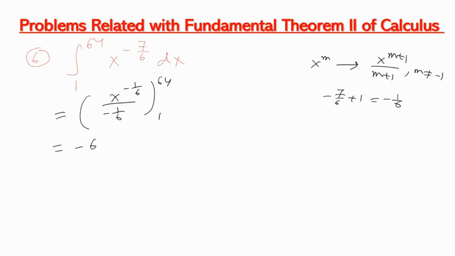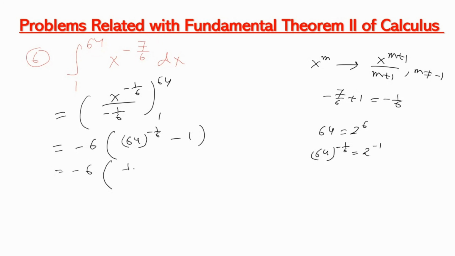So this is equal to minus 6 times 64 to the power minus 1 over 6 minus 1. So 64 is equal to 2 to the power 6. So 64 to the power minus 1 over 6 is 2 to the power minus 1. So this is equal to minus 6 times half minus 1, which is equal to 3.